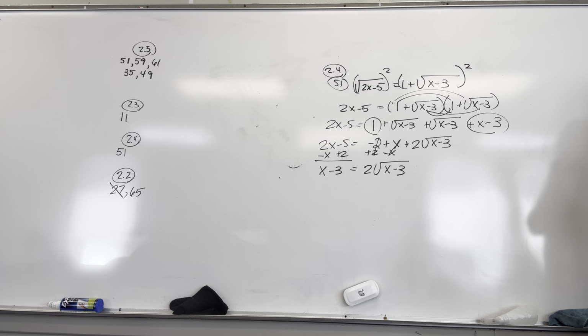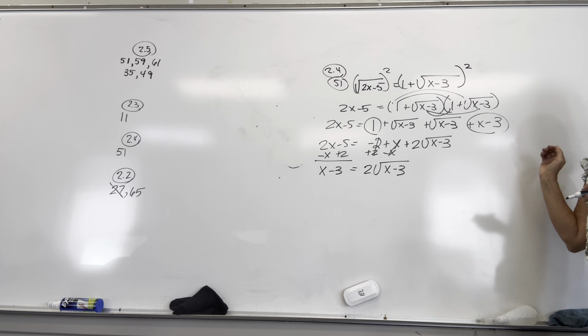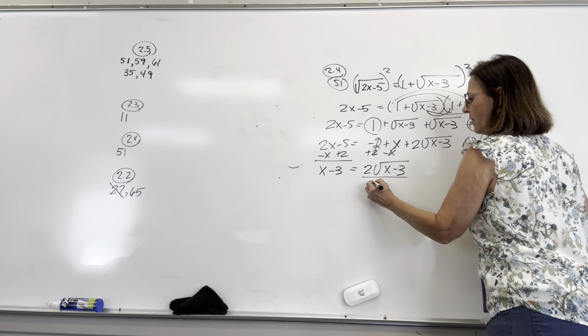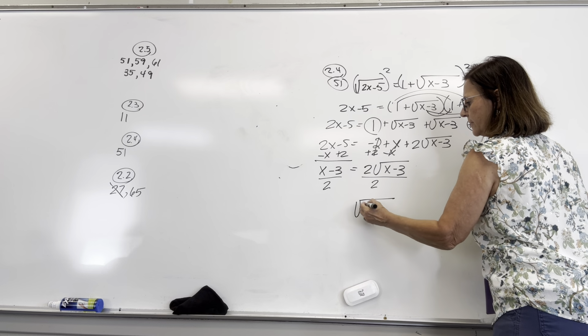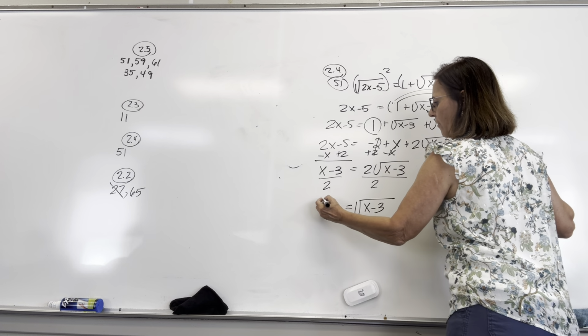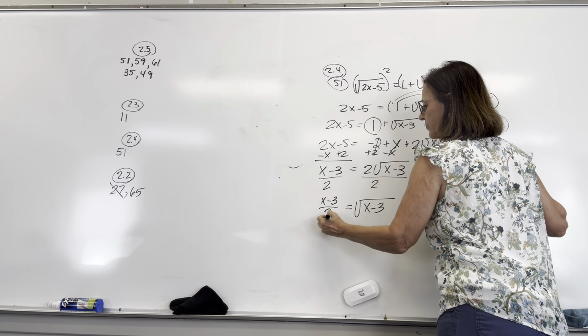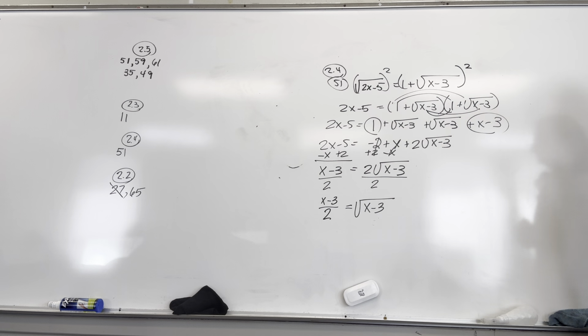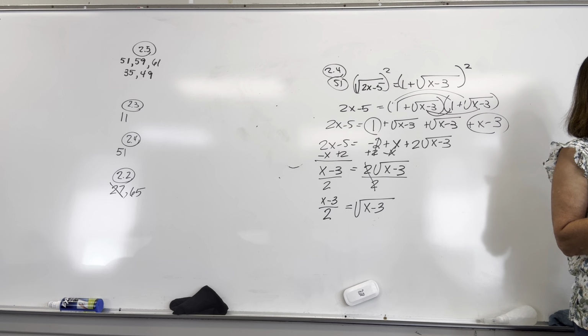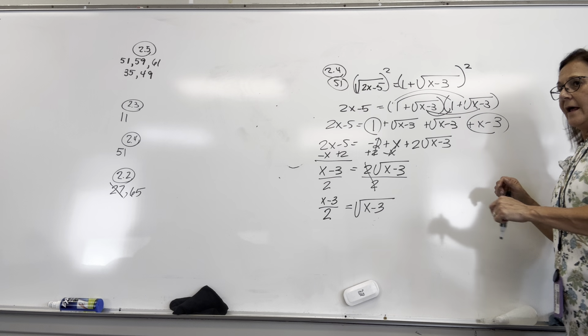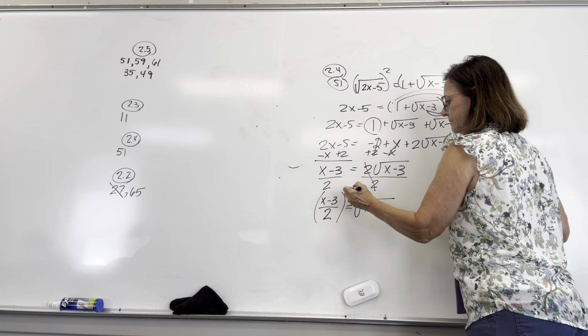Got it? So now I'm going to divide by 2 because I don't want the 2 there. So I'm left with square root x minus 3 equals x minus 3 over 2. Now I'm going to square both sides.